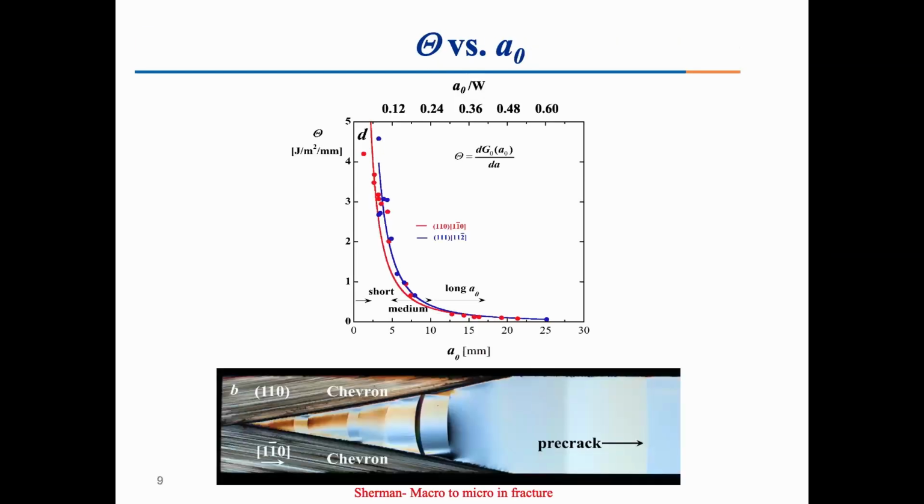Something else we are doing now, after many years of working, we are doing chevron notch on both sides, and then we have a beautiful, very symmetric pre-crack length. This is the crack front, and the crack front is curved. This is a very important issue in the whole analysis.